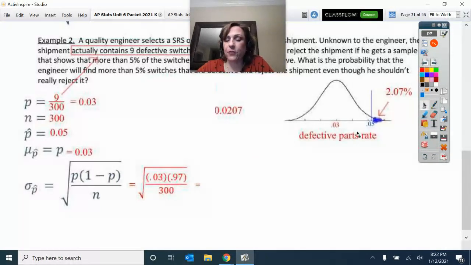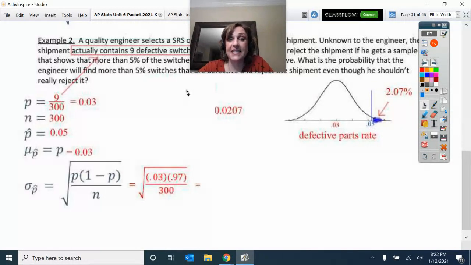So here is our normal model, because our sampling distribution will be shaped like the normal model. And we know that all the p-hats are centered at 0.03. And we will reject it if we get one of these up here that is at 0.05 or higher.